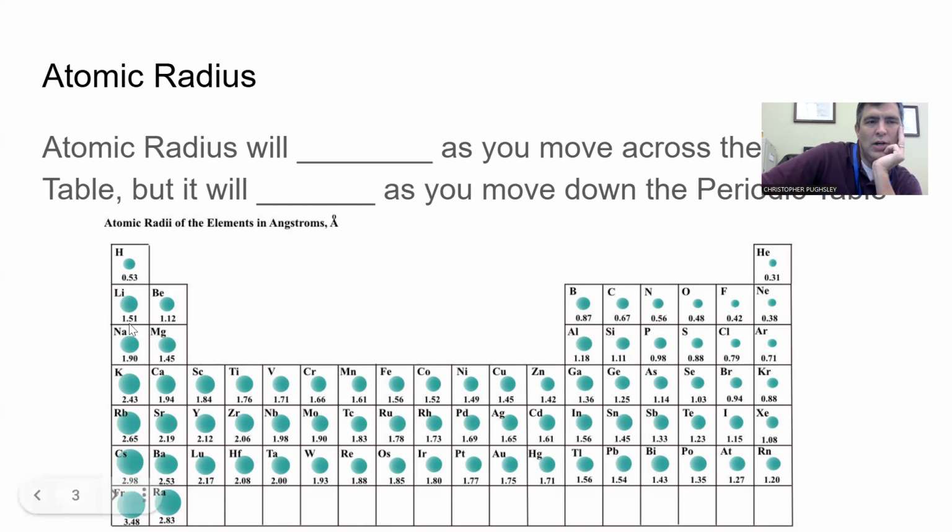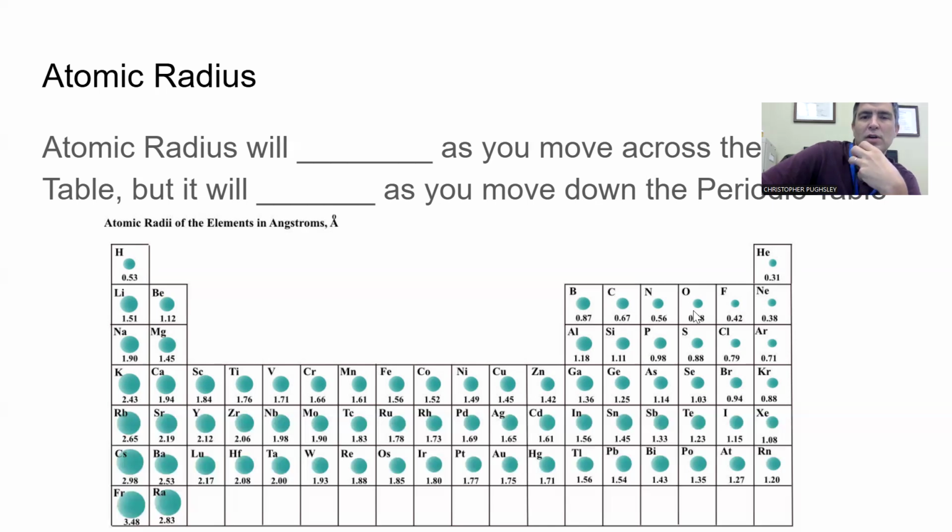But going across, first off, these are all in the second energy level, so their distance is all about the same. But this one has more protons, so it has a greater pull to the nucleus, and it keeps those electrons close.